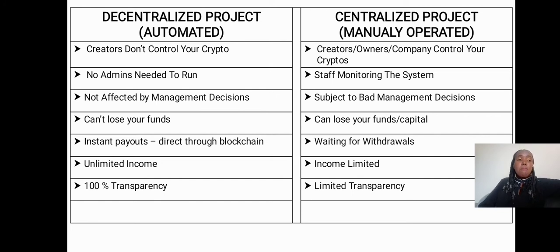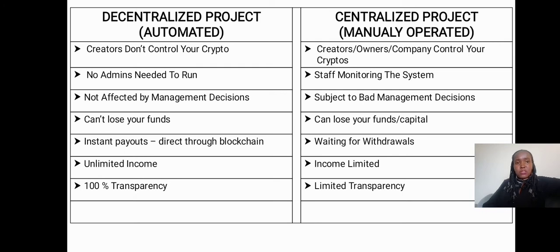For instance, a bank controls your assets in the bank. That means your assets are subject to bad management decisions. You can lose your funds. You have to wait for withdrawals. The income is limited, and there is limited transparency.